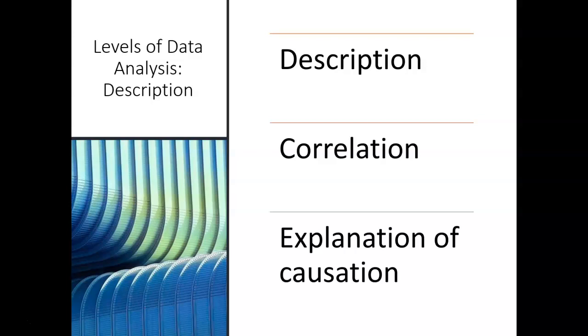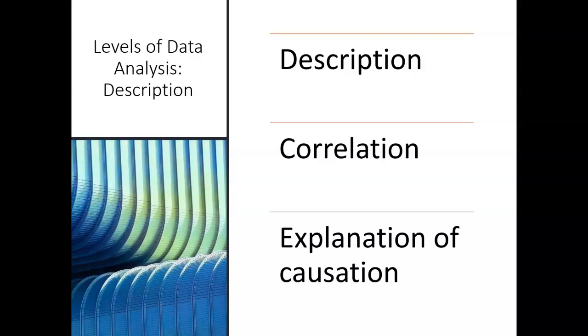That's description. The second type of question is correlational, and separate that word from the statistical technique of the correlation. Correlational questions ask about relationships between variables. So whereas in descriptive questions you're just asking what's there, how much, how often, in correlation you're saying how strongly and in what way are my variables of interest connected to one another.